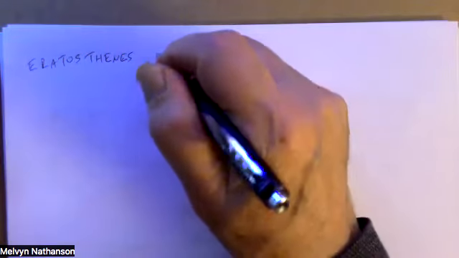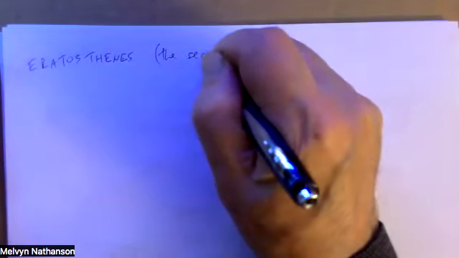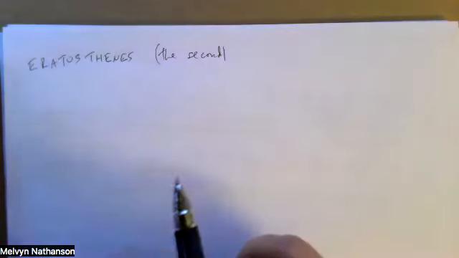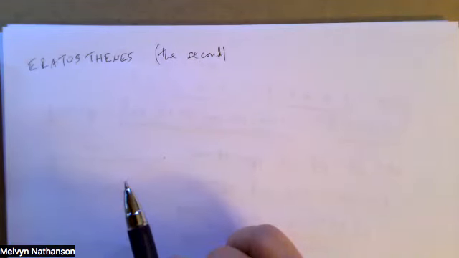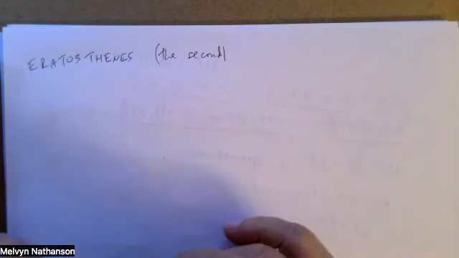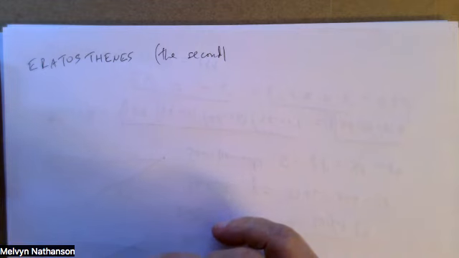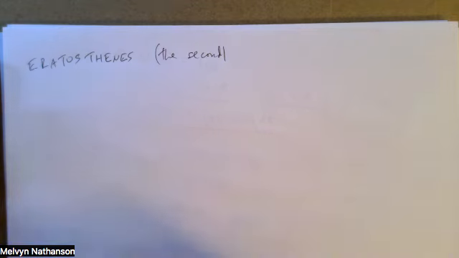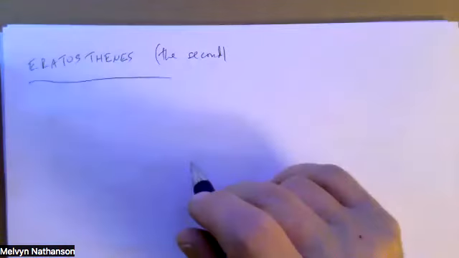There was a contemporary of his, a mathematician named Eratosthenes, who was sometimes called Eratosthenes II, because he wasn't the best mathematician of his time, he was the second best. And he was also a physicist, but not the best physicist of his time, the second best. And he was also an astronomer, but not the best astronomer of his time, the second best. So sometimes he's called Eratosthenes II.